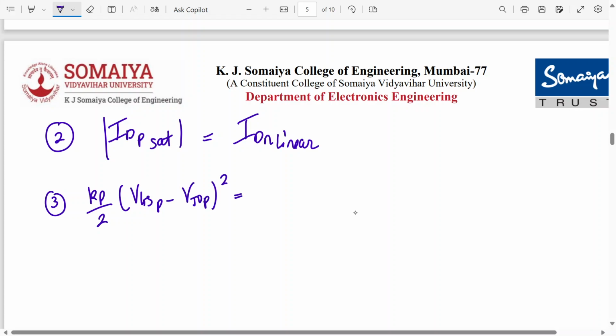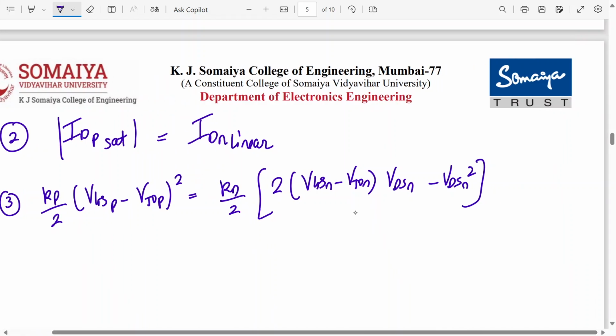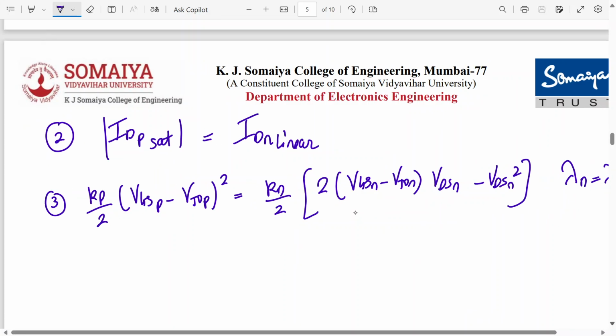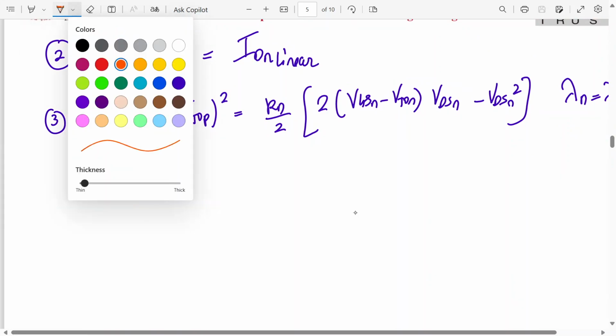What is the ID linear equation? Kn by 2 times twice VGSN minus VTON into VDSN minus VDSN the whole square. Now here we are assuming that lambda channel modulation is 0, so the 1 plus lambda VDS term is not there. So now 2 and 2 will get cancelled from both sides.